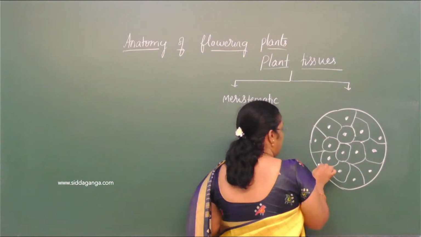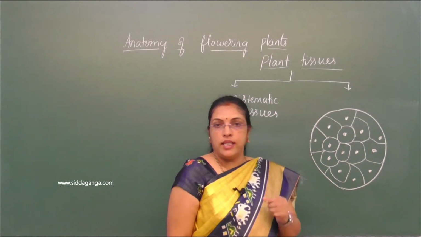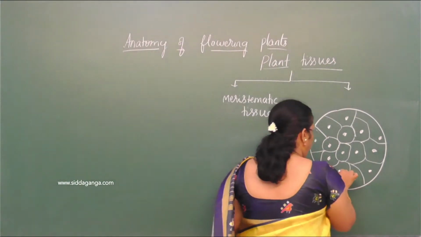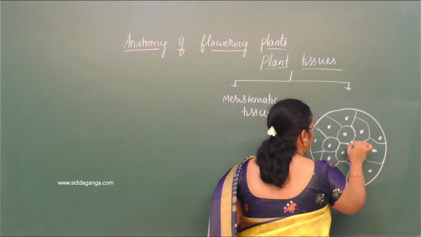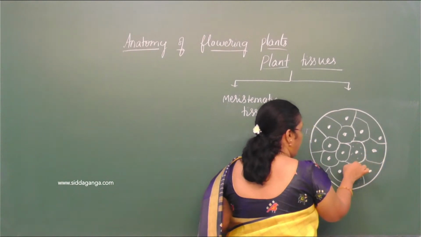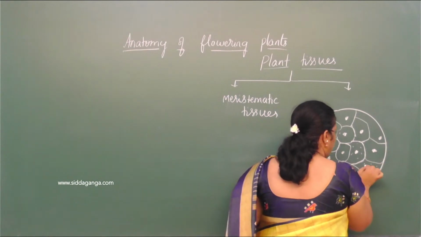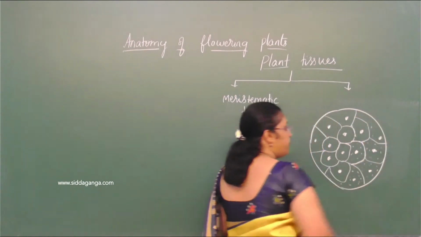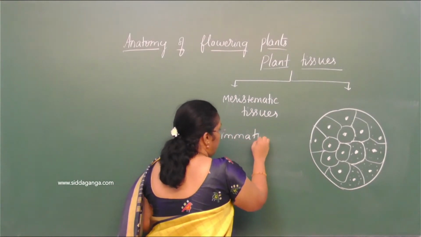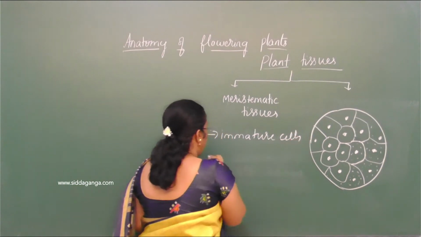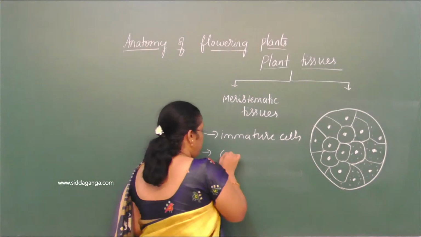So, like this, cells are closely packed without any intercellular spaces. They have a prominent nucleus and a dense cytoplasm. Meristematic cells have thin cell wall. They are immature cells. They show cell division indefinitely.